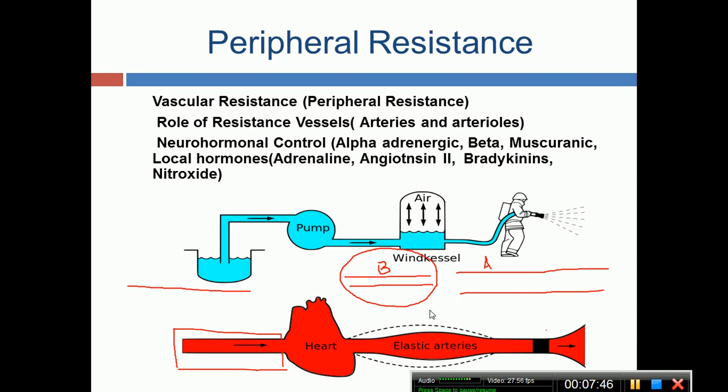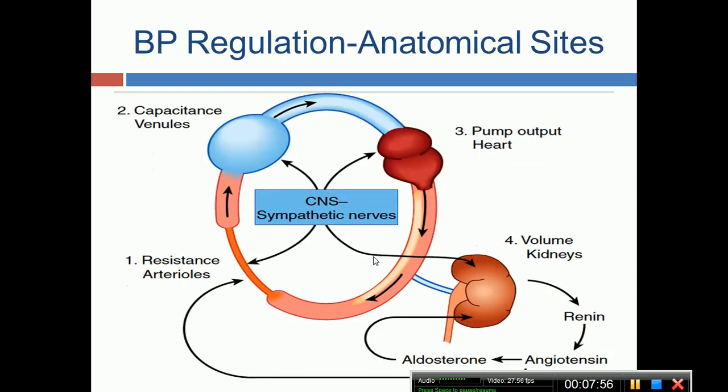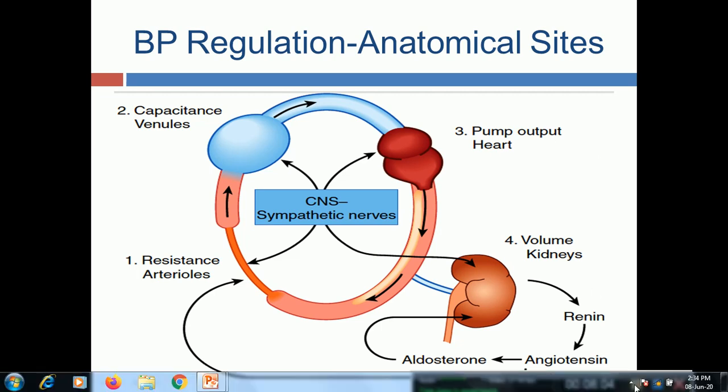So if a greater number of arteries and vessels are constricted, this will raise the peripheral resistance. Normal blood pressure regulation occurs at different sites in the body. And what are those sites?